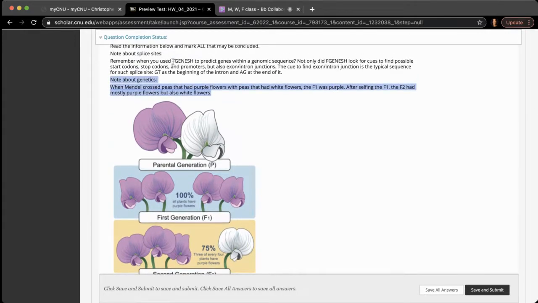When we looked at FGENESH, it was software predicting genes. And I told you that FGENESH is looking for start codons. So it's looking for cues to say this genomic sequence has a gene in it.